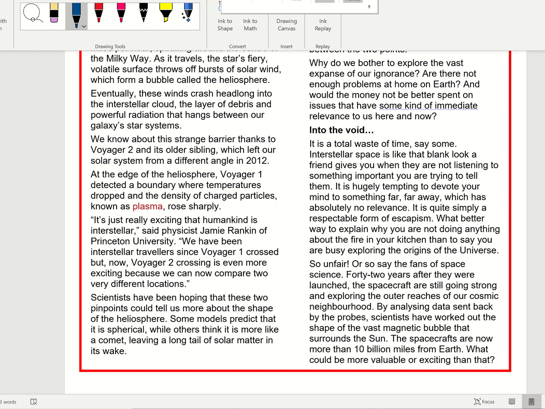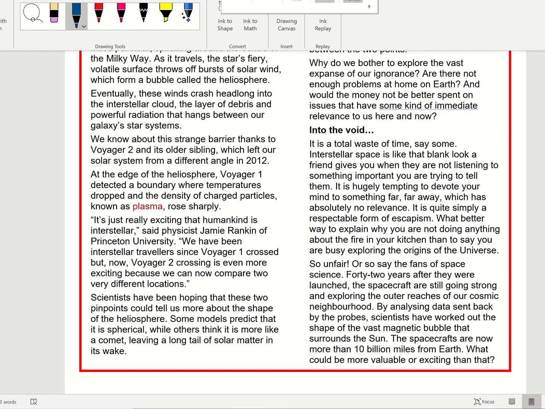At the edge of the heliosphere, Voyager 1 detected a boundary where temperatures dropped and the density of charged particles, known as plasma, rose sharply. It's just really exciting that humankind is interstellar, said physicist Jamie Rankin of Princeton University.